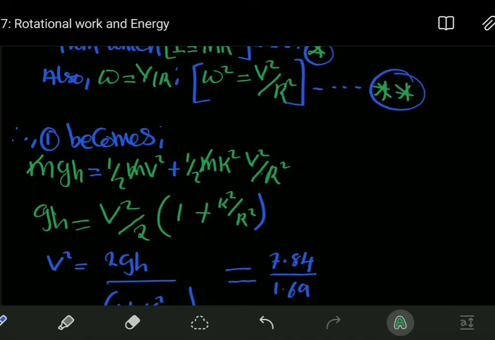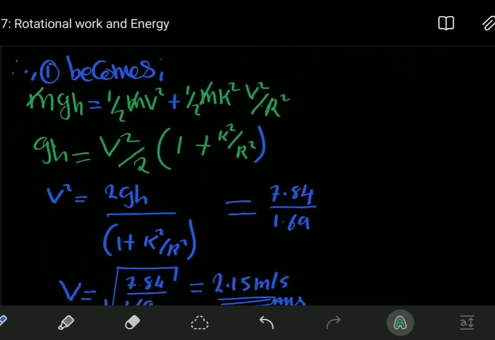So here we are going to make v the subject, since we are looking for v. We have v squared equals 2gh over 1 plus k squared over r squared. We know g, we know k, we also know r, so our v squared is simply going to be 7.84 over 1.69.